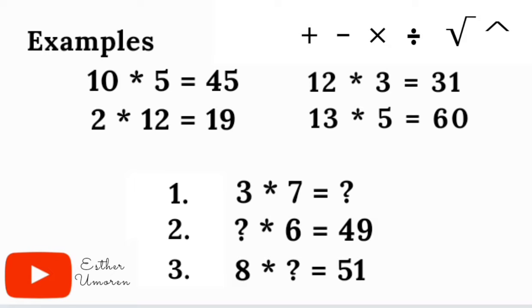I'm going to start with addition. 10 plus 5 is not 45. 2 plus 12 is not 19. So addition is definitely out. Even though it may be applied at the second stage, it's definitely not at the first stage.